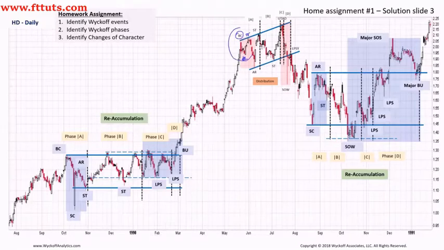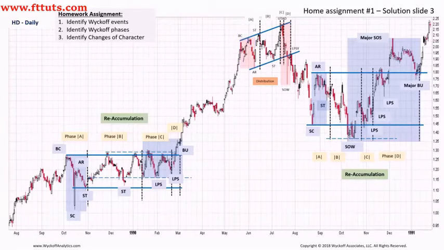I would rather take this whole area right here, and go into the intraday level. And there I would be thinking, okay, buying climax, then automatic reaction, secondary test, phase B, phase C. And this becomes a distributional structure with the small cause to push the price lower into this low. So that would make sense to me.